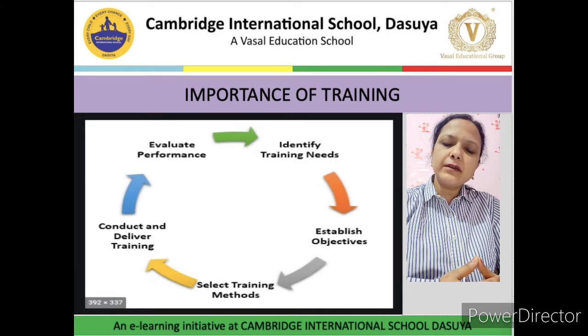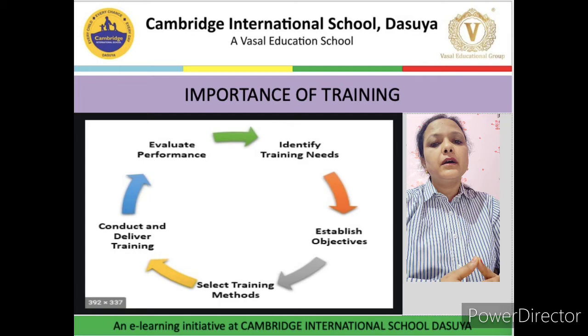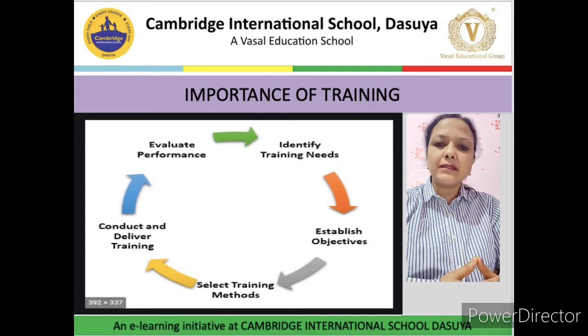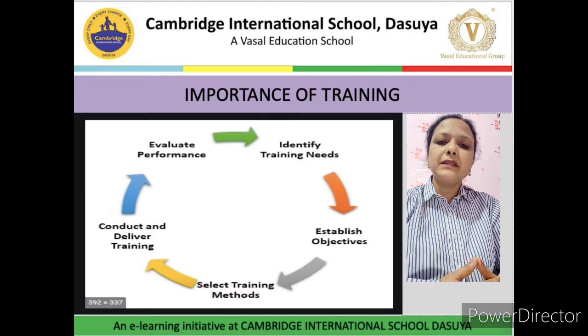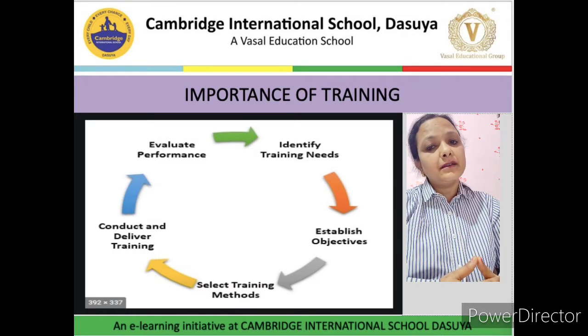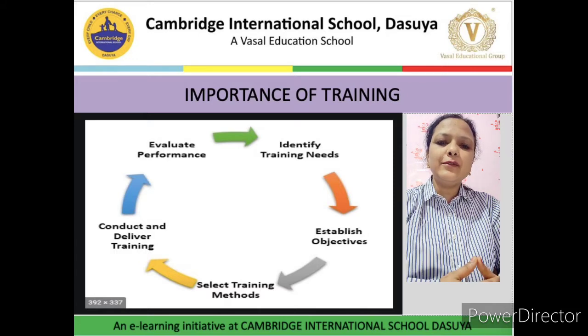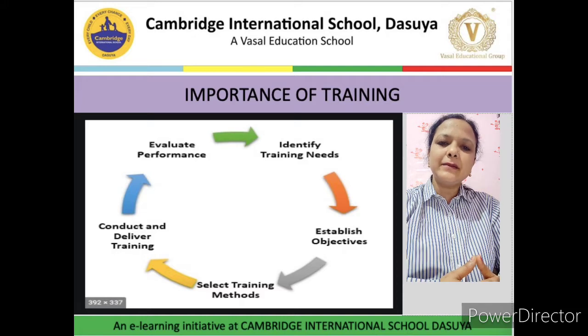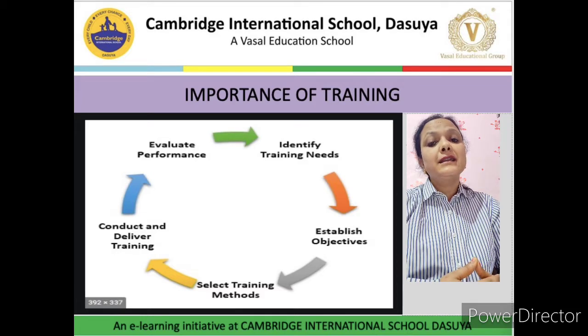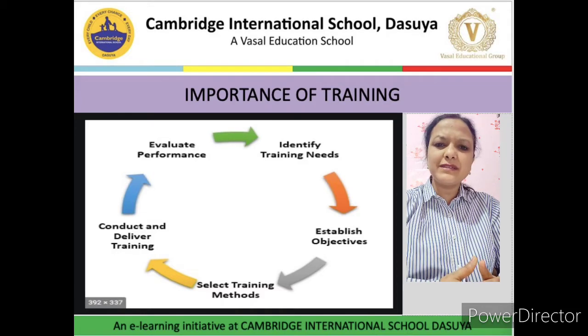Training is done according to the need of an organization, then this need will be converted into a goal. Then the method of training will be selected, then the training is conducted. Then we will evaluate the performance of an employee, whether he is better able to perform or he needs training again. So this is the process of training.